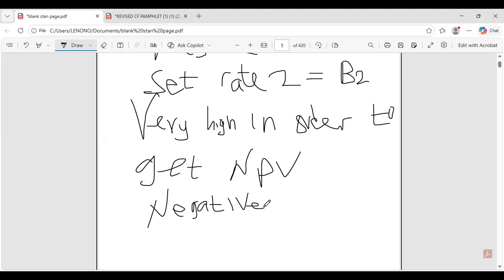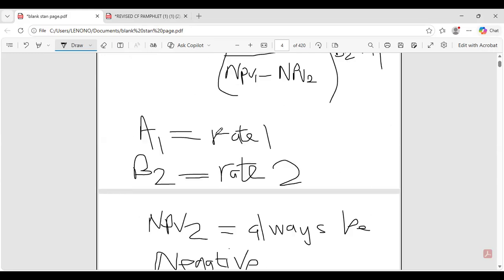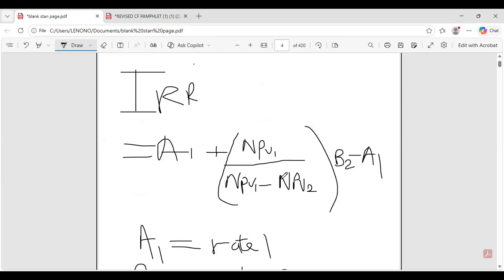So this is what goes on here. All right. So you can see that internal rate of return is somewhat complicated. It depends on two NPVs for it to be computed.